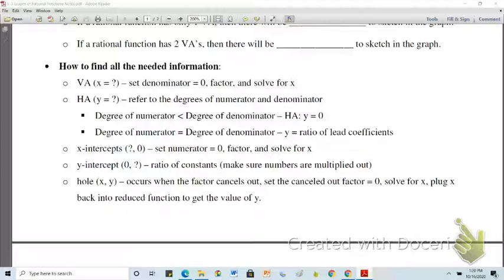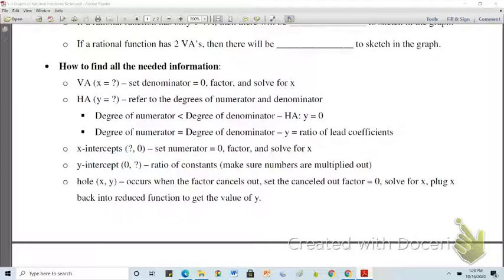Sometimes, again, we'll have to factor and solve. Y-intercept is the ratio of the constants. Make sure if you have simplified and factored things out that you then go back and multiply that problem out before you find your constants.